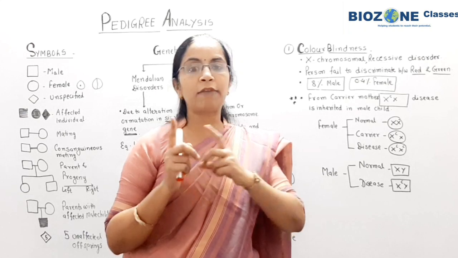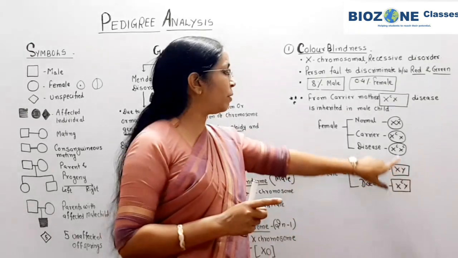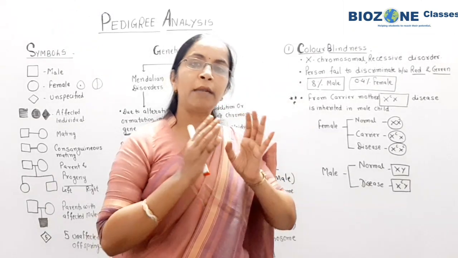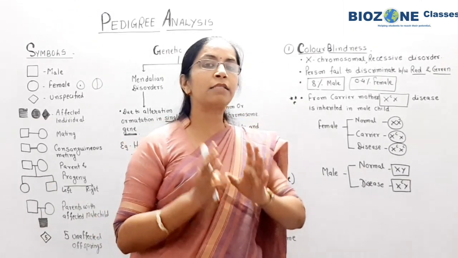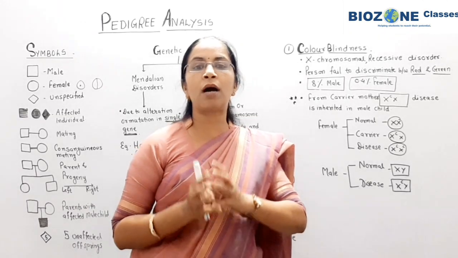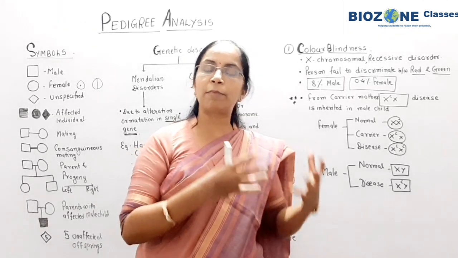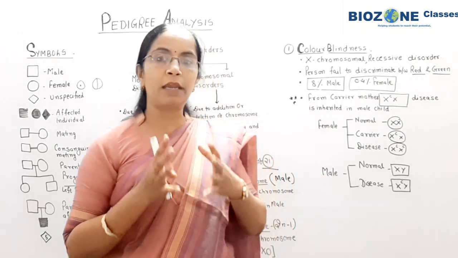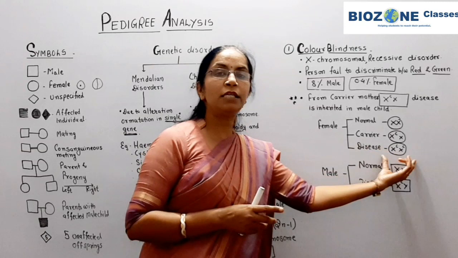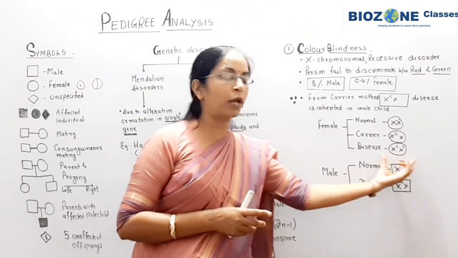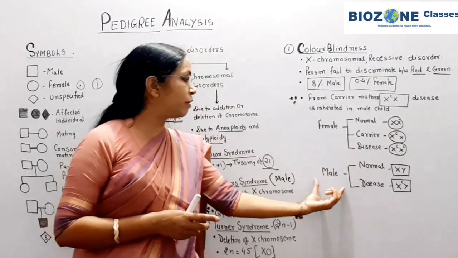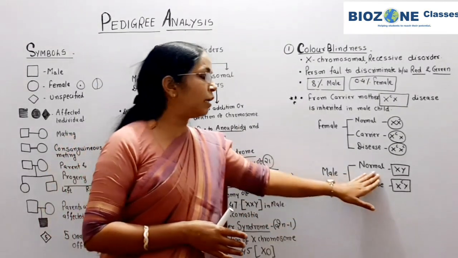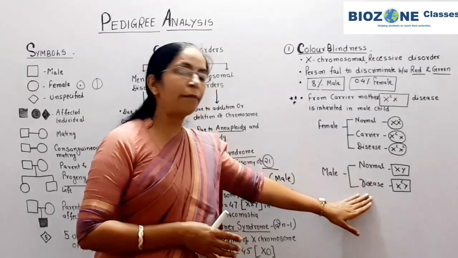When the mother is a carrier and the father is diseased, only then is the female diseased. Otherwise, if the father is normal and the mother is a carrier, the developing female child is 50% normal or 50% carrier. But remember, diseased progeny will never be caused here, so remember this part. Male individuals show only 2 types of genotype: either the male individuals are normal or they may be diseased.